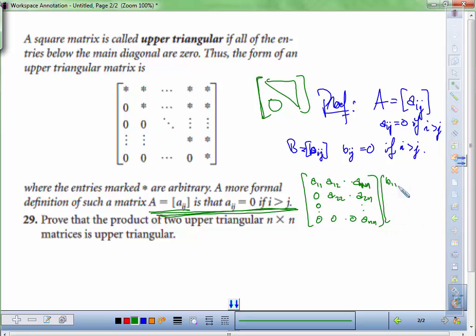And then B11, B22, let me fill out the diagonals, Bnn, zeros here. I hope it's not necessary.